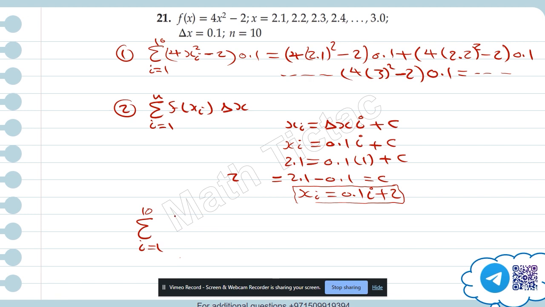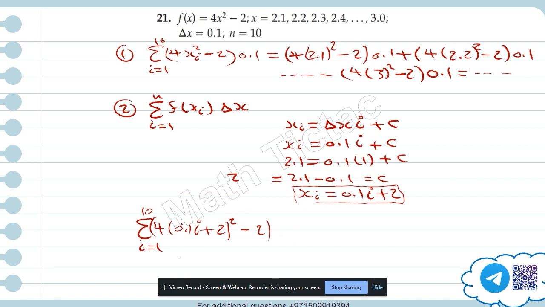So now you can find the final answer. For sure this is multiplied by delta x, which is equal to 0.1, after substituting this value instead of each x in f of x.